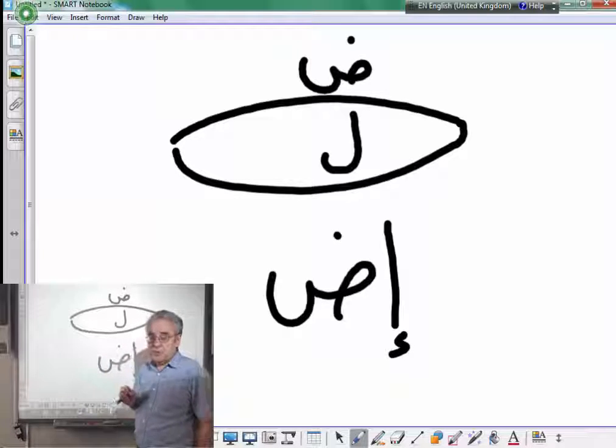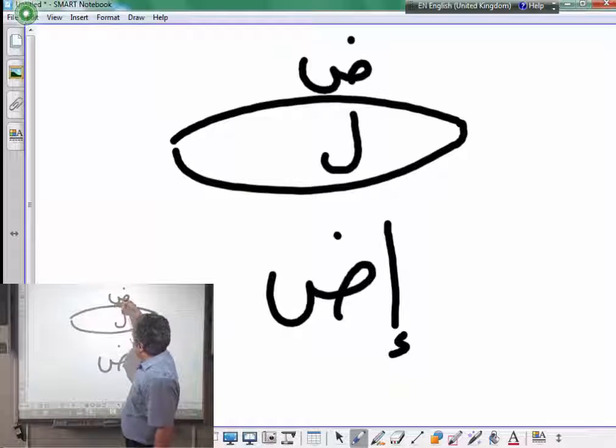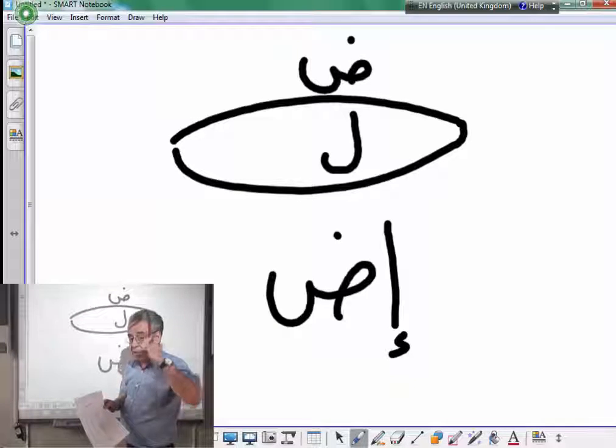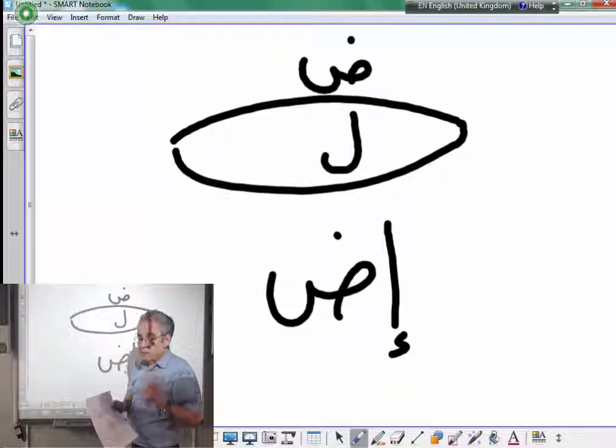Say it, id, id. So what I have to do is take the left rear side of the tongue, that side here, and push it against the left upper teeth. So I get ugh. Say it with me, ugh.